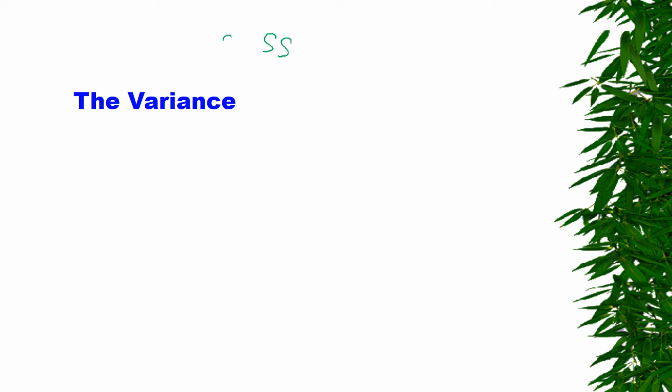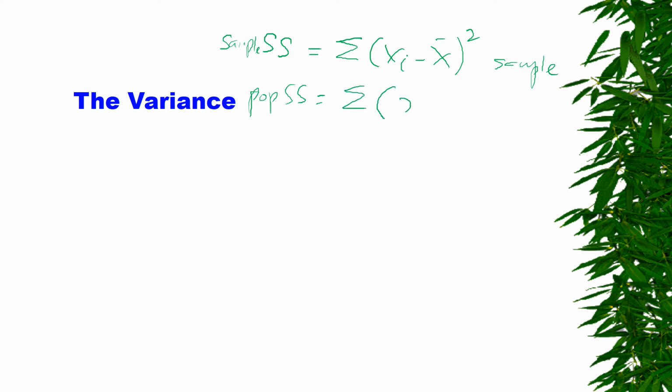The sample sum of squares is the summation of xi minus x bar, squared. This is for the sample. And for the population, the sum of squares is the summation of xi minus mu, squared. This is for the population.